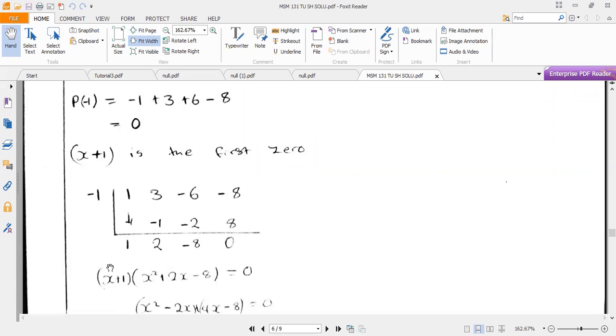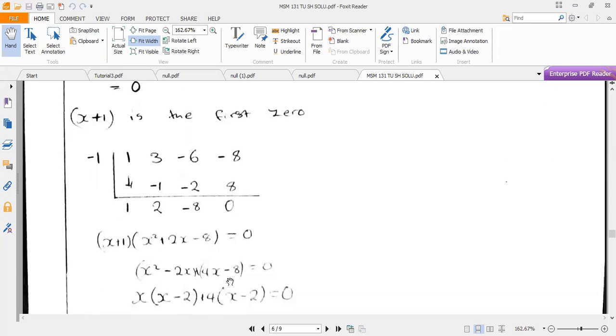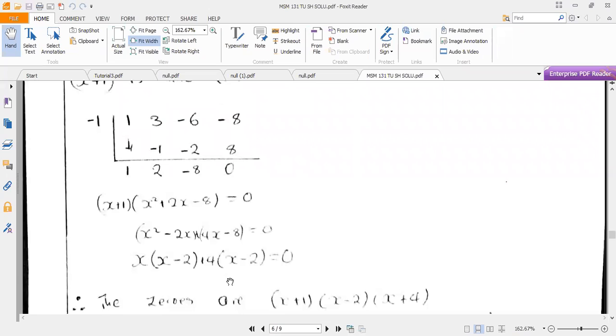So the new equation will be x plus 1 times x squared plus 2x minus 8 is equal to 0. At that point, x squared plus 2x minus 8, you can simplify using the factorization method. The product is negative 8, the sum is 2. The two numbers that you can use are negative 2 and 4. Negative 2 times 4 gives you negative 8.